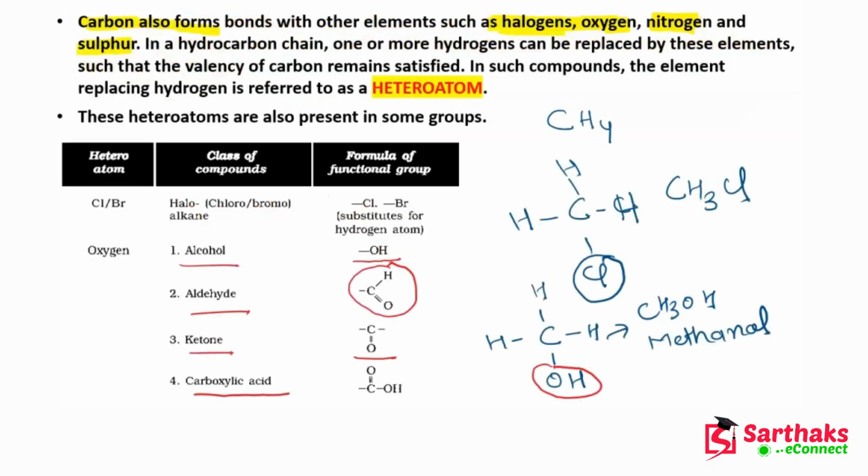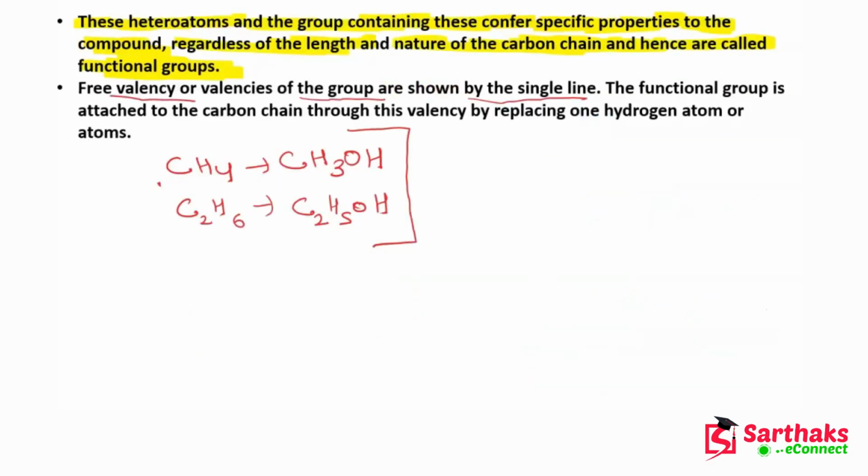Now guys, free valencies or valencies of the group are shown by a single line. You can see here, this single line is showing a free valency. It means hydrogen can be replaced from here, or it will connect to the carbon from this side, because these are the free valencies. The functional group is attached to the carbon chain through this valency by replacing one hydrogen atom.